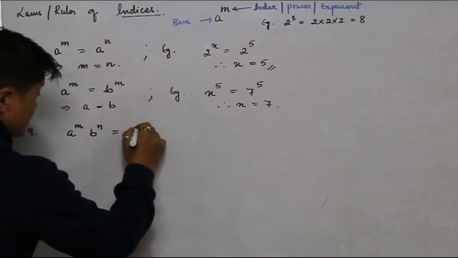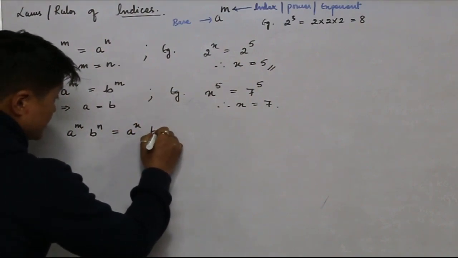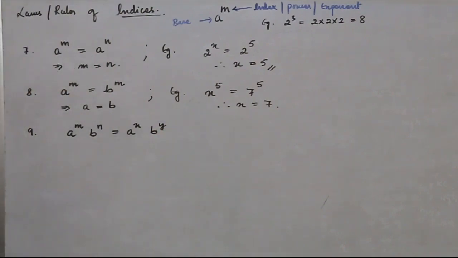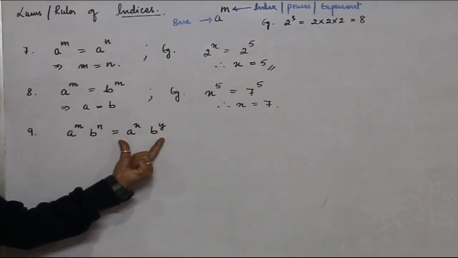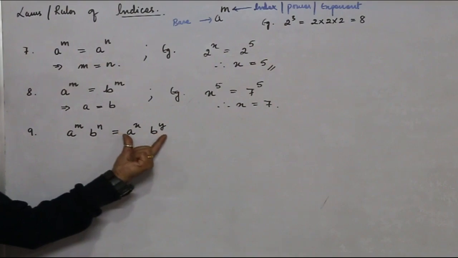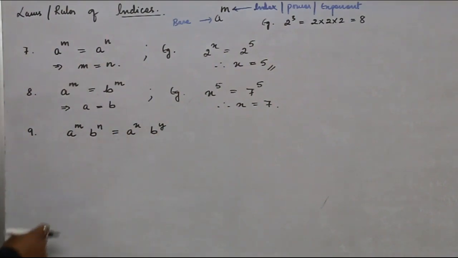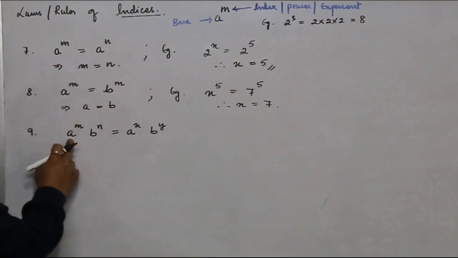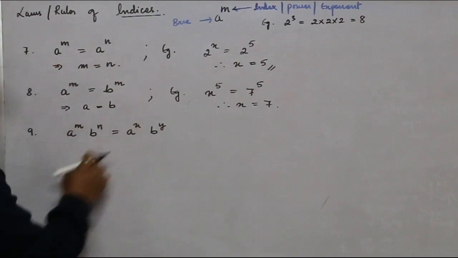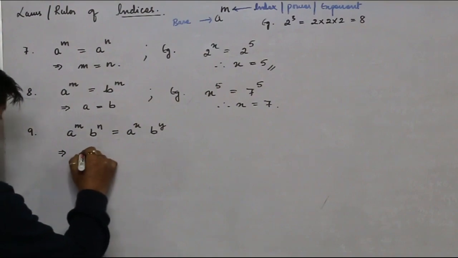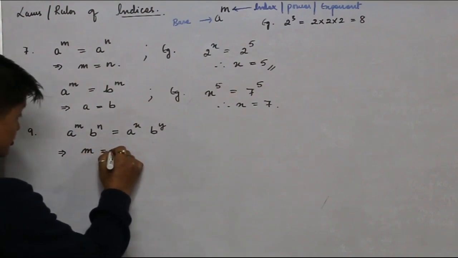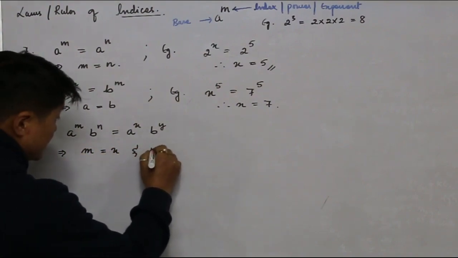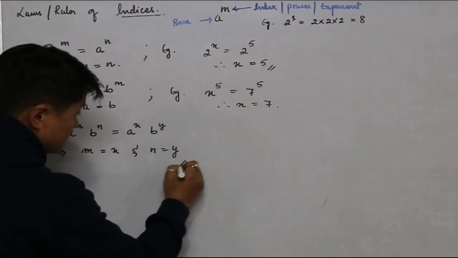And rule 9. Sometimes we will get a to the power m, b to the power n is equal to a to the power x, b to the power y. So when we see positive numbers with different powers, we can see the bases a and b are the same on both sides. So from here we can write m is equal to x and n is equal to y.